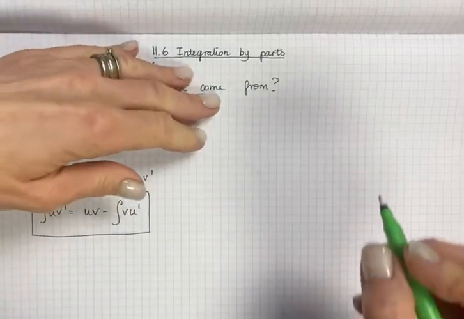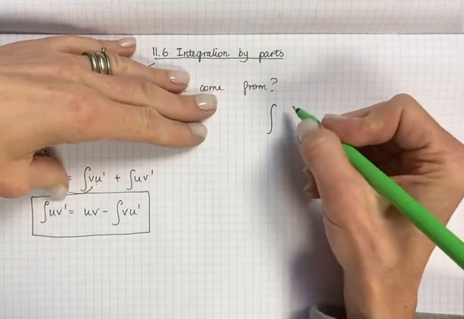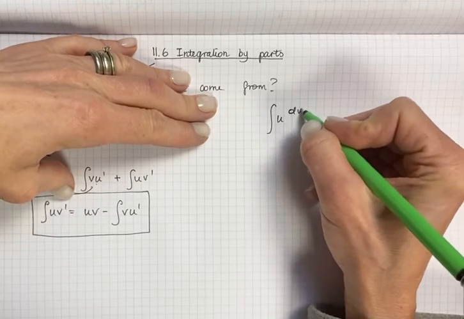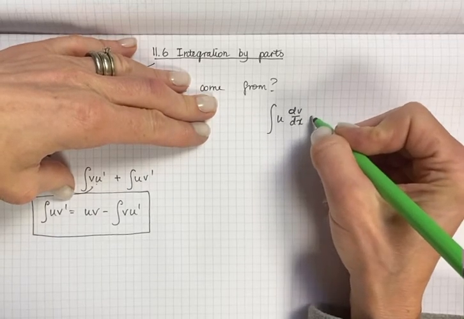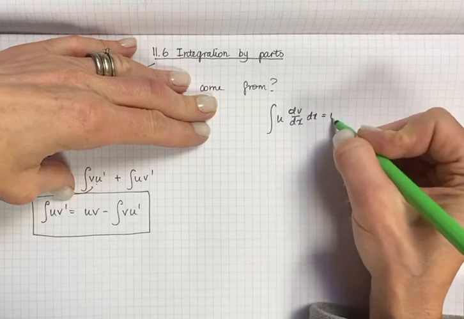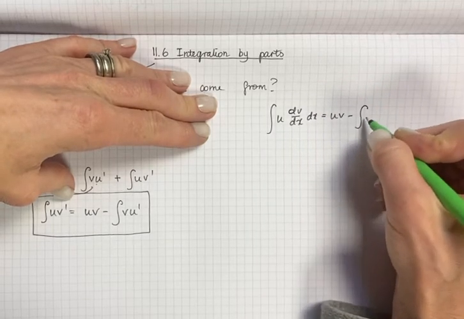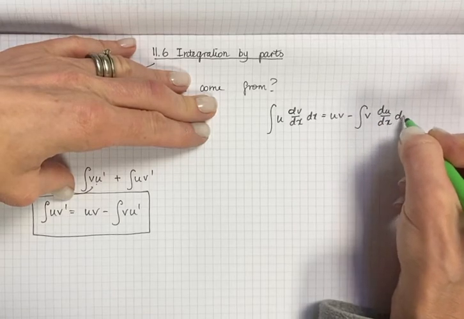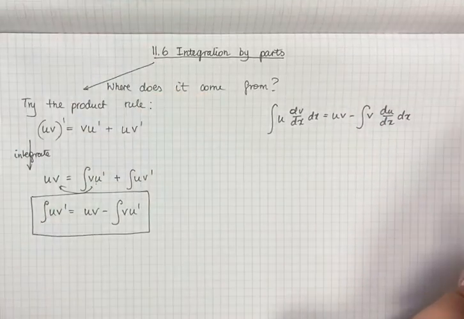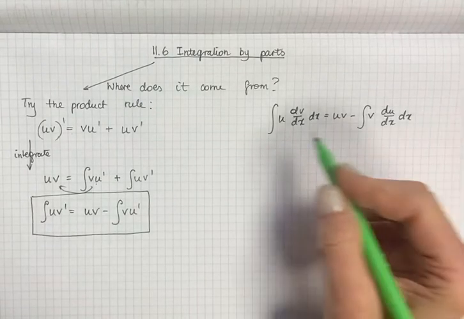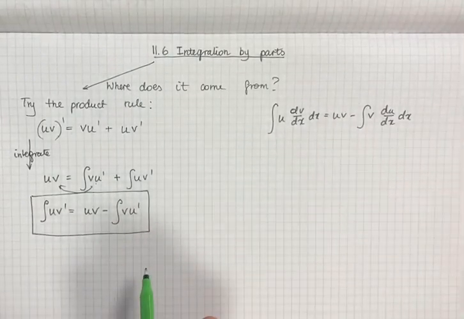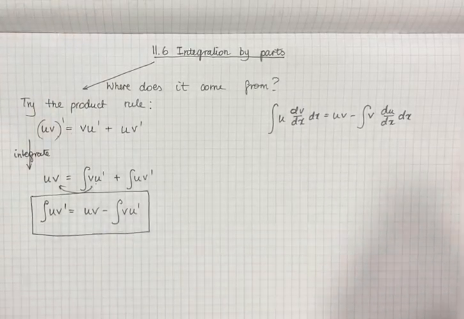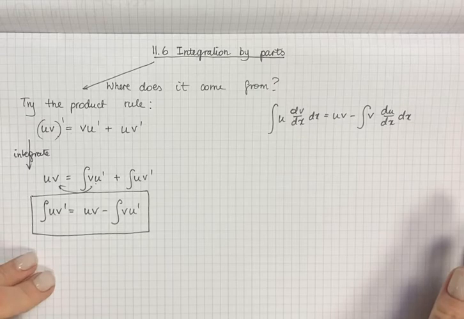In the formula booklet, v' is written as dv/dx, so it's a more formal one. And then you've got u times v minus the integral of v du/dx dx. So whenever you're going to use this method, you need to quote it. You can quote it that way. That's perfectly fine.